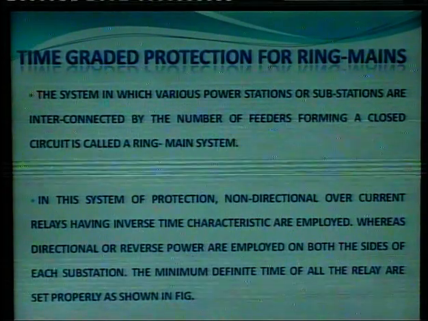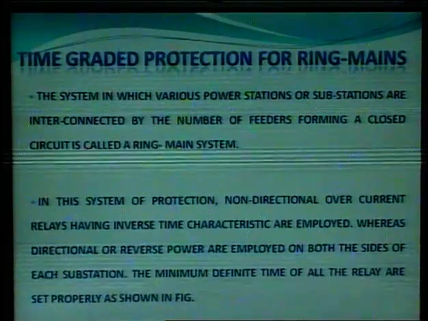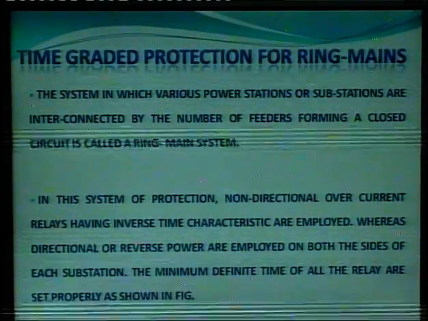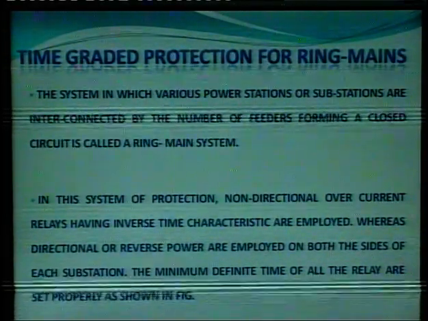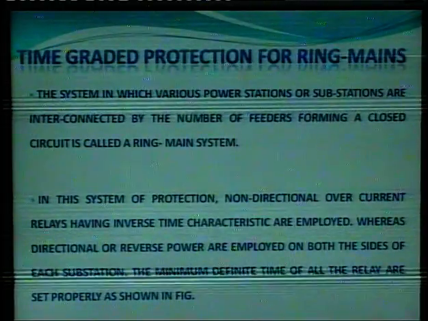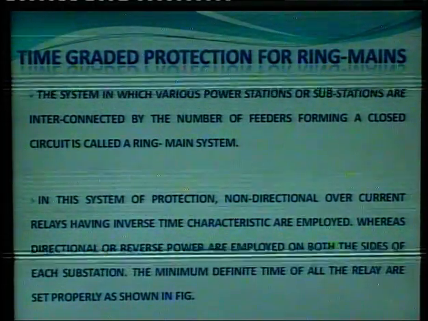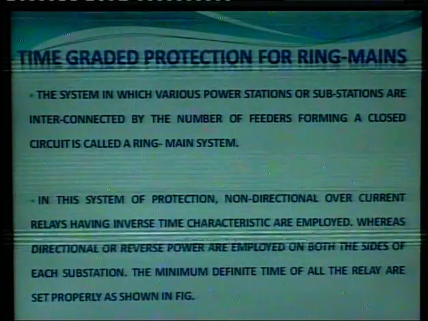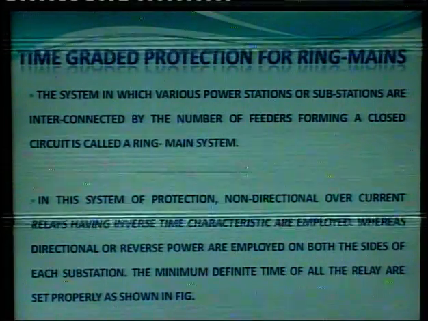Now, in this system of protection, non-directional overcurrent relays having inverse time characteristics are employed, whereas directional or reverse power relays are employed on both sides of each substation. The minimum definite time of all the relays is set properly as shown in the figure.